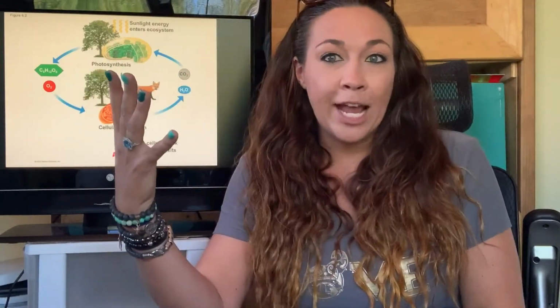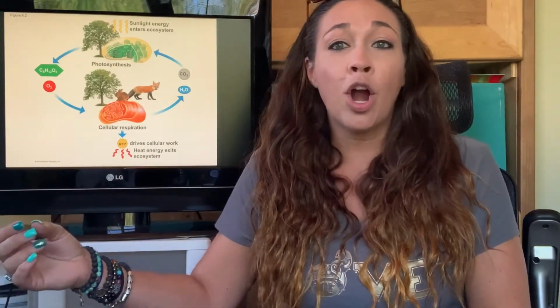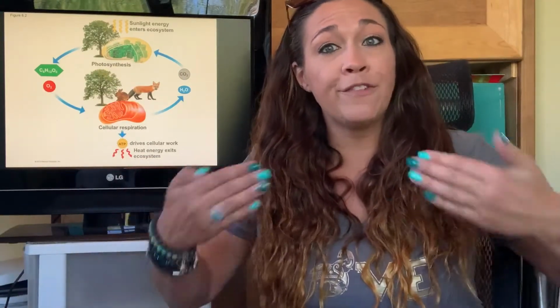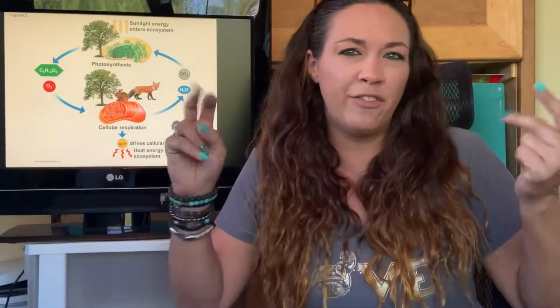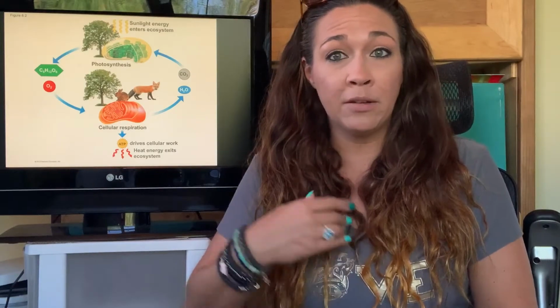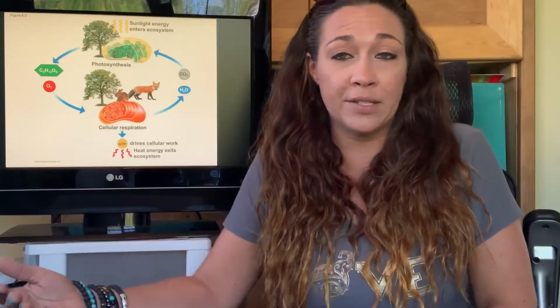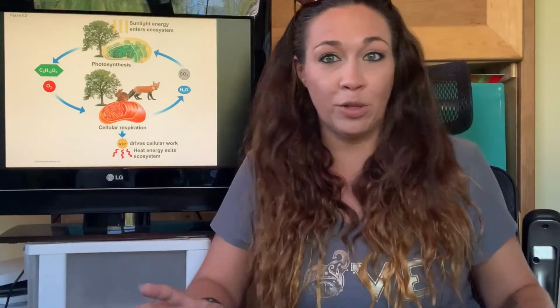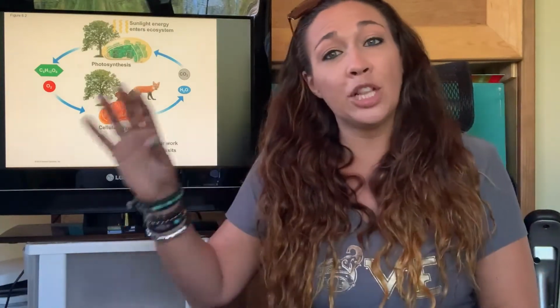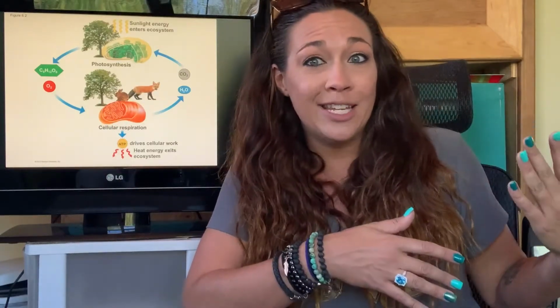Plants and other photosynthetic organisms are autotrophs, meaning self-feeders. Auto meaning self and troph meaning food. We are heterotrophs, hetero meaning different feeders. We need to get our nutrients from other places. And that's what cellular respiration is all about: breaking down these larger food molecules into usable bits of energy like ATP.